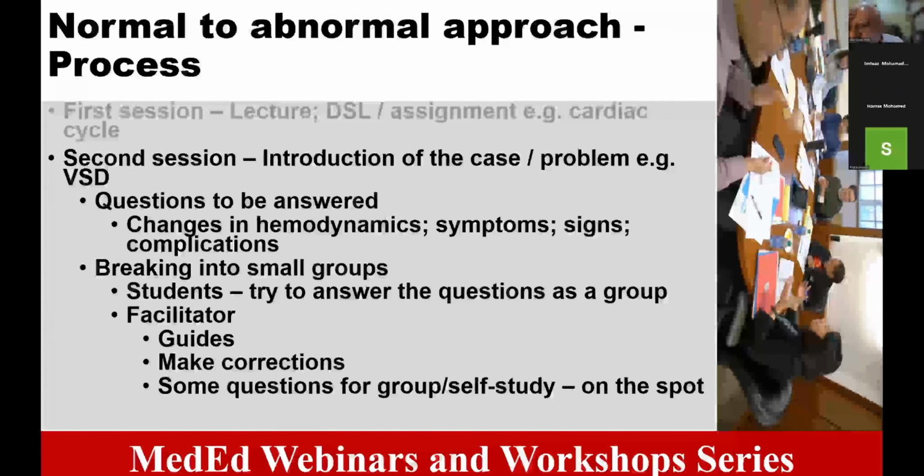If you look at this example, we have taught the cardiac cycle, the normal cardiac cycle, and then we say, okay, now there is a hole in the interventricular septum, and you know that the pressure on the left side is more than the right side. So obviously the blood is moving from the left side to the right side, and from the right side it's going to the lungs.